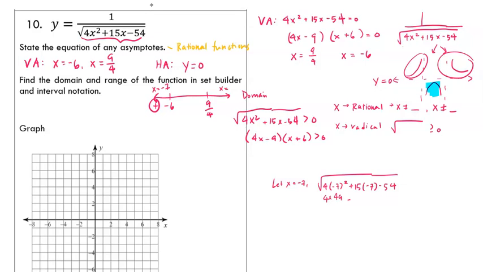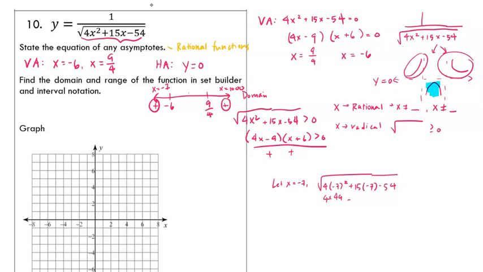Okay, now let's try a number bigger. I'm just going to put 1,000, because why not? If I put 1,000 right here, 1,000 times 4 is going to be 4,000. 4,000 minus 9 is going to be a positive. So this is going to be a positive right here.